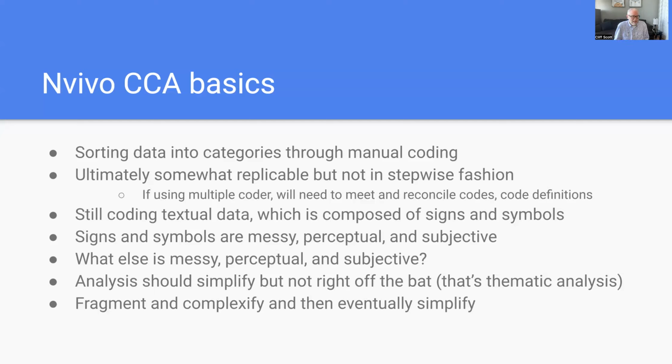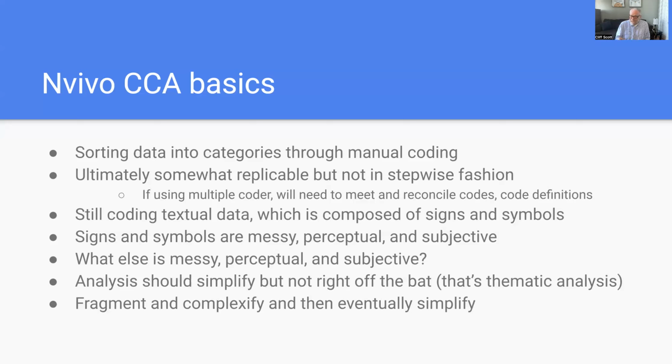And so, because you're talking about symbols, there's always this gap between the symbols that you have that represent something, whether they're the symbols in the text that you're analyzing as you do constant comparative analysis, or the symbols represented in your code labels and your code definitions and the emerging framework that you're developing. It's all very messy, perceptual, and subjective.